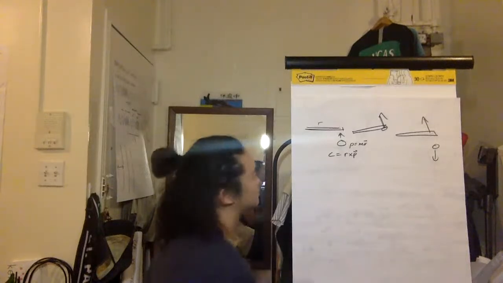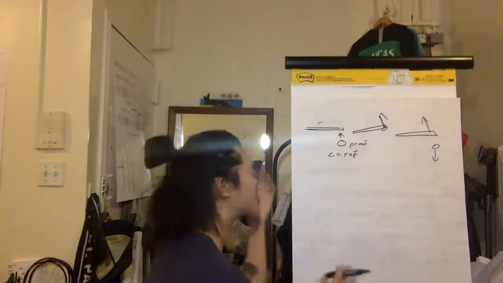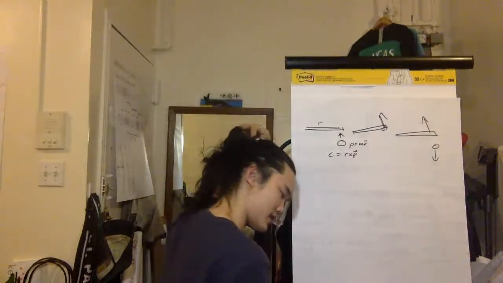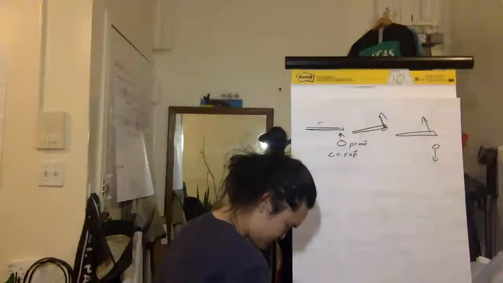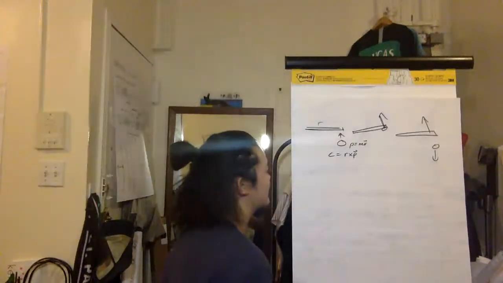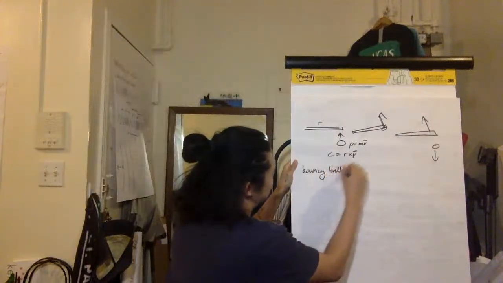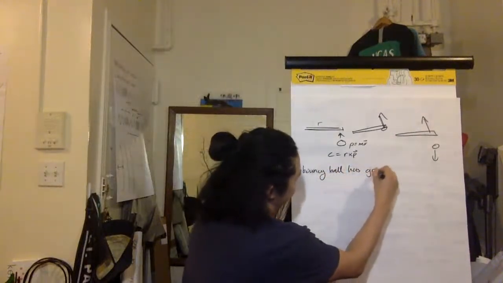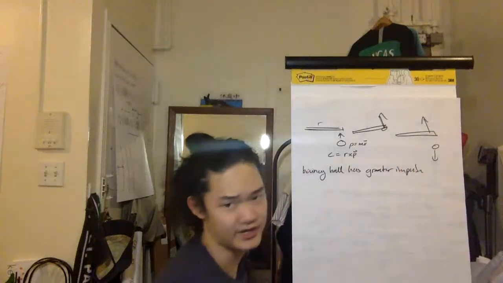At the point of impact, you could say the bouncy ball has greater impulse. Why? It switches direction.